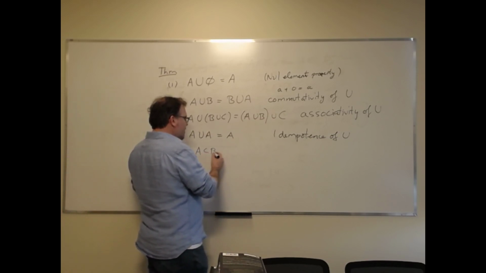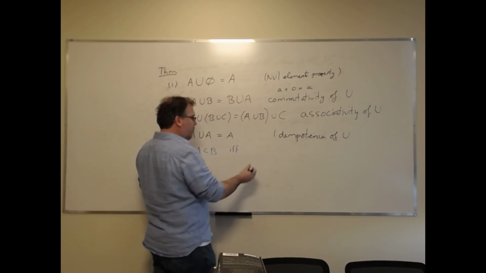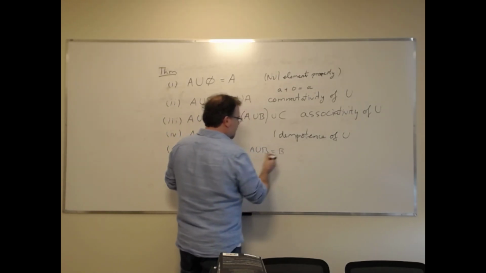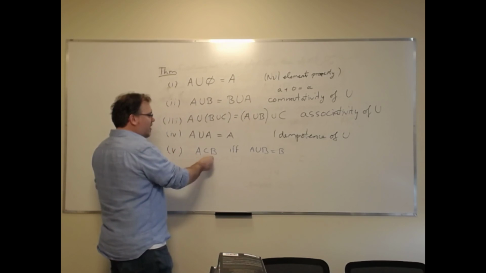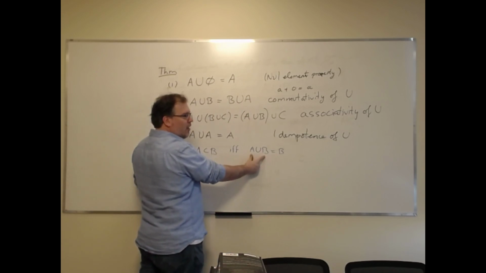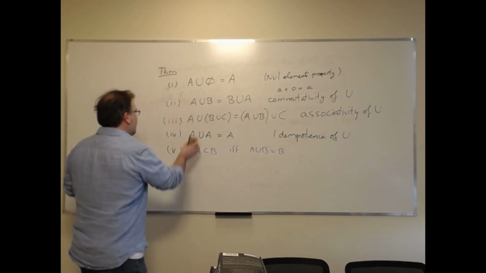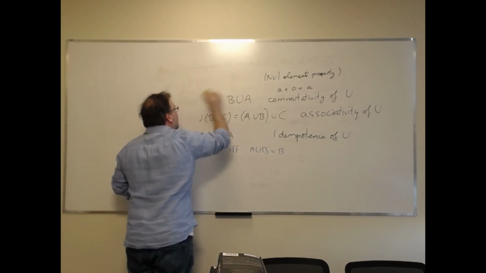So A is a subset of B if and only if A union B equals B. Why? Because think of it, right? If A is a subset of B, here I look at all the objects in A plus all the objects in B. Well, that's just going to be the objects in B, which is why it's going to be equal to that set. So let's just look at how the proof would be constructed for that.